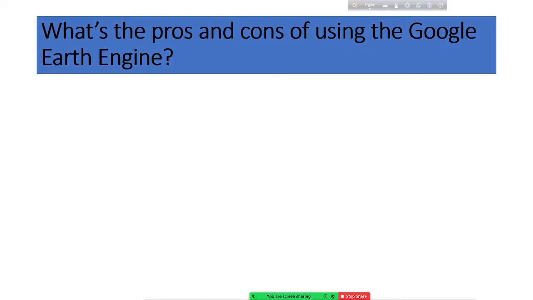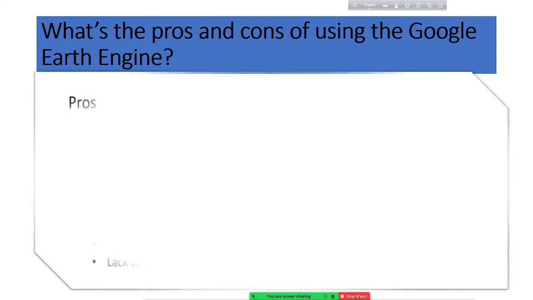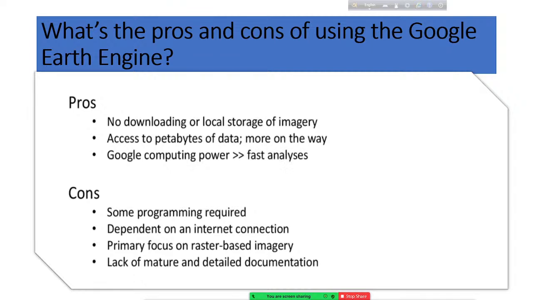So there are also some advantages and disadvantages of using the Google Earth Engine platform. I will also try to discuss this. One advantage is that you don't need to download any satellite imagery. You can access petabytes of data or more, and the computing power is very fast. And it also has some disadvantages.